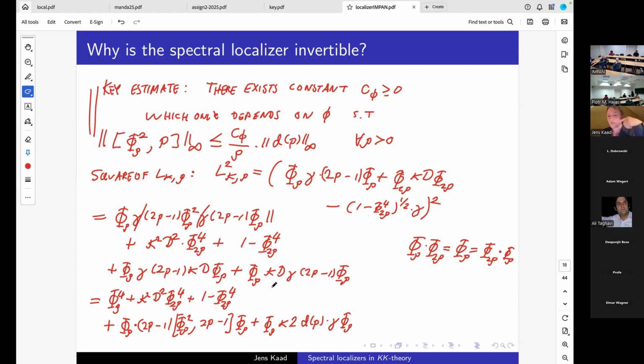I'm now going to divide this square into two pieces. The first piece here, I'm going to call T rho. T rho is kind of the leading term, and I'm going to check that this is positive and invertible.